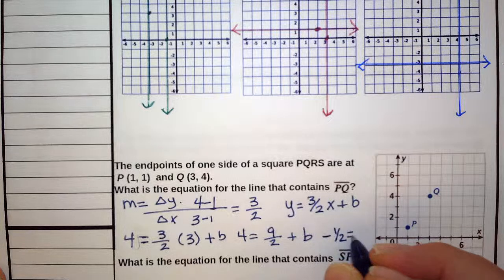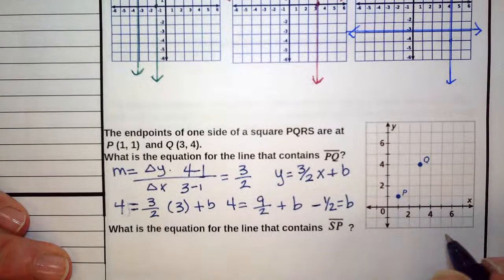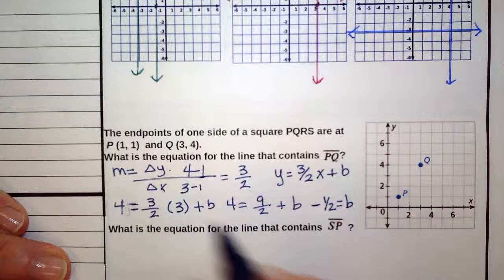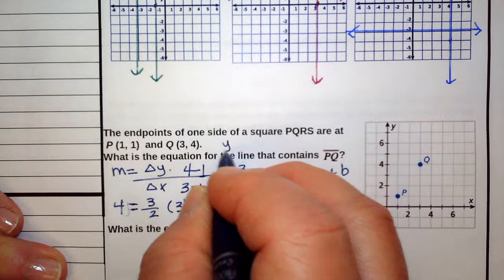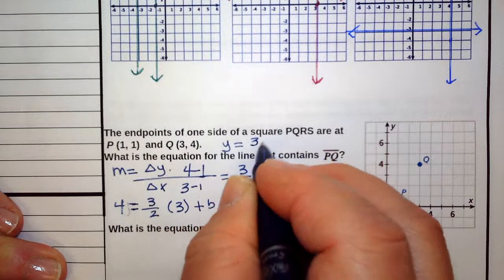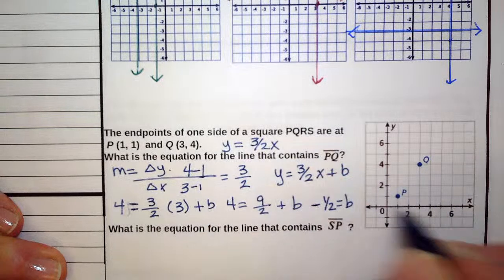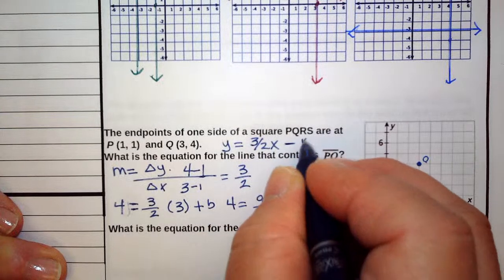Negative 1 half equals b. So the equation becomes y equals 3 halves x minus 1 half.